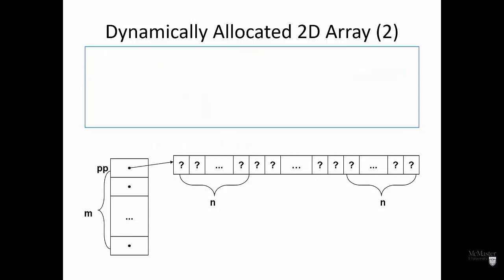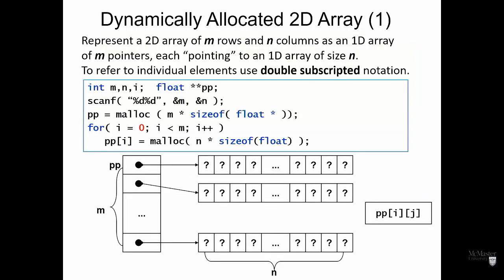So another way of doing things is, instead of doing this loop with malloc for each entry, you can, in reality, allocate all these things as one chunk, and then make each pointer point to the n-size piece.